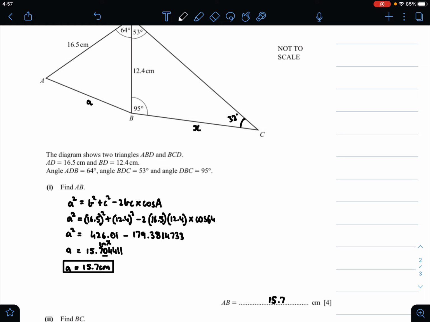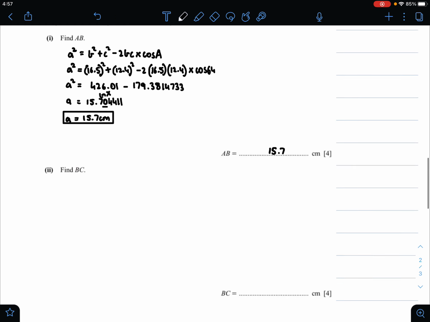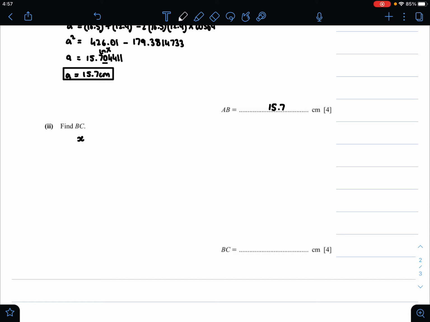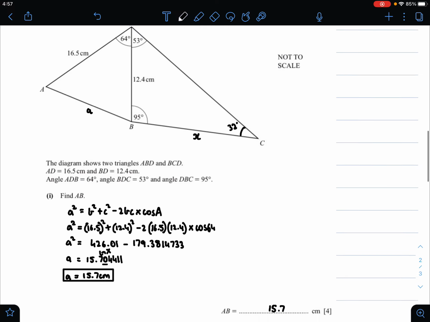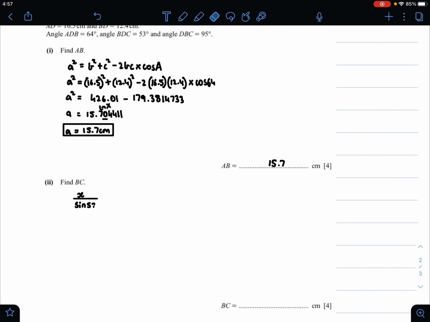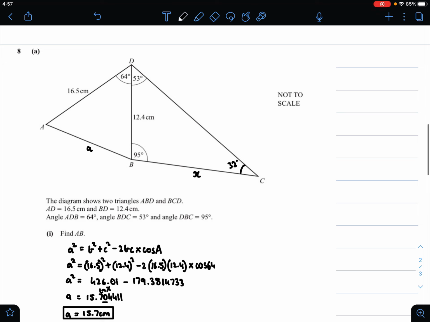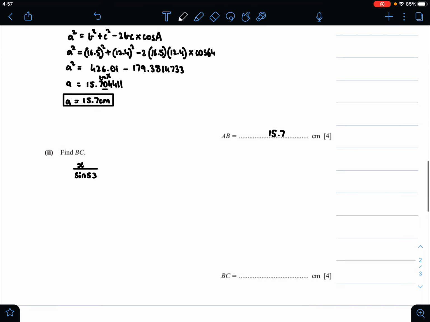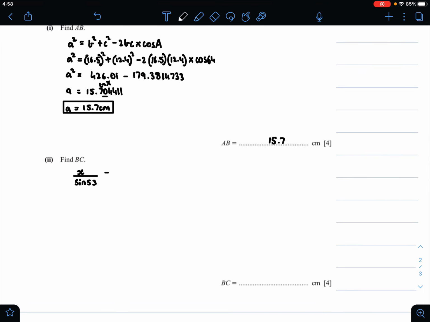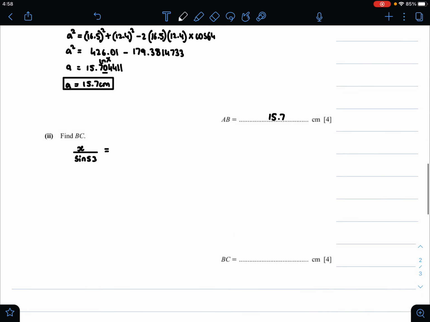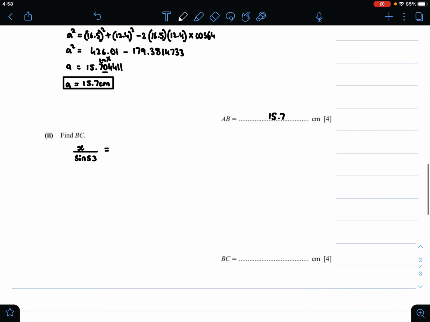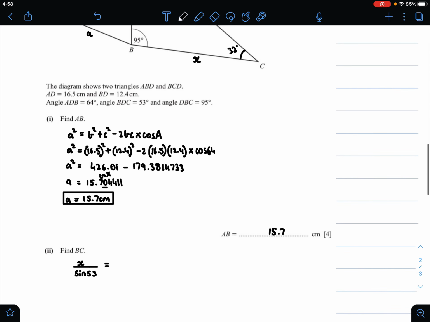Now we can use a sine rule to find the value of x. So that would be x divided by sine 53, which is equal to 12.4 divided by sine 32.